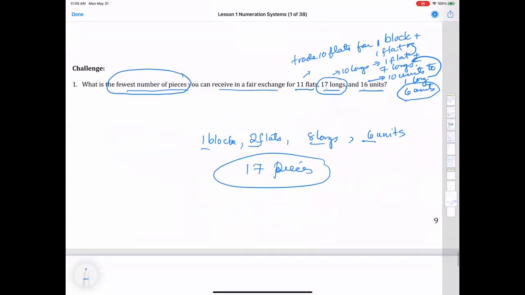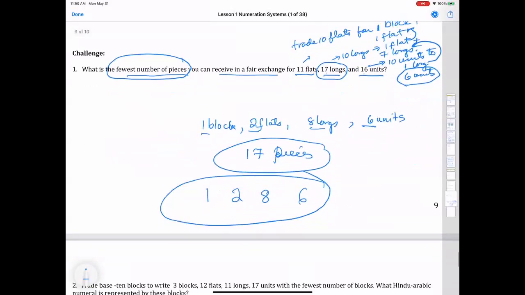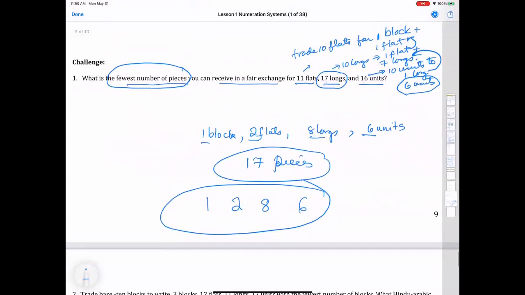And so therefore the numeral for this would be 1, 2, 8, 6. So the way it works, as I could see it, is that you have 16, 17, and 11. So this one goes down, this you add, this you have 2, and then you have 1.